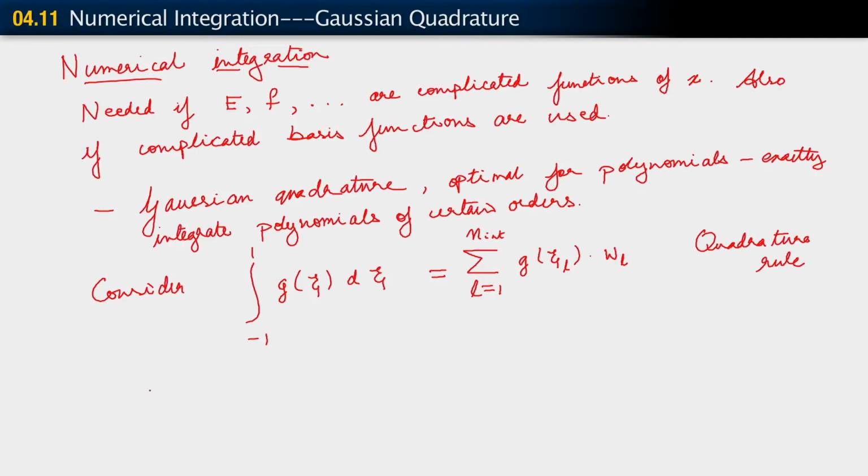Let me say a few things here. N int is the number of integration points. Xi L is an integration point.